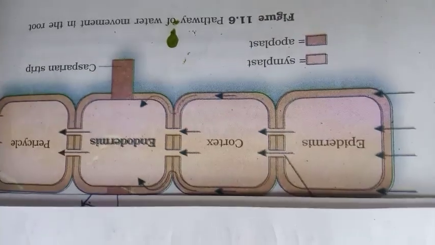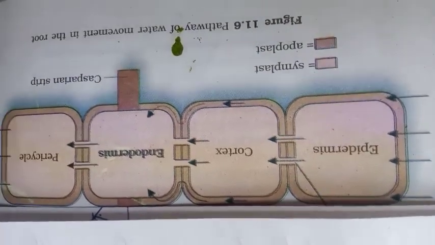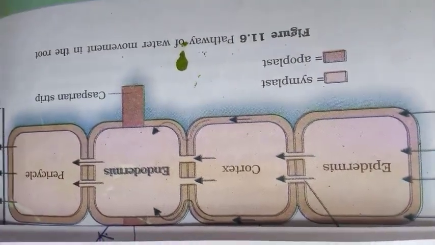In the case of terrestrial plants and the large algae which have a root system, they absorb the water through their root system. Today we are going to take up how plants absorb water.